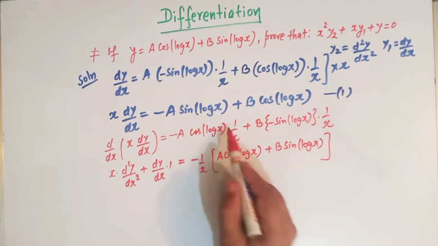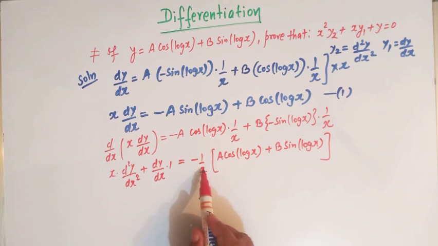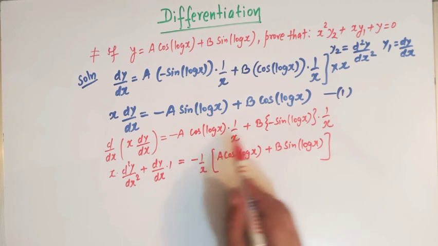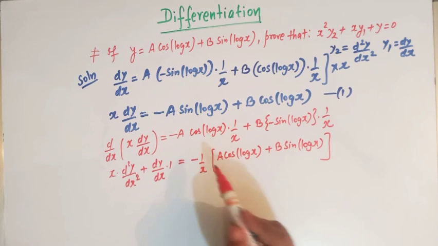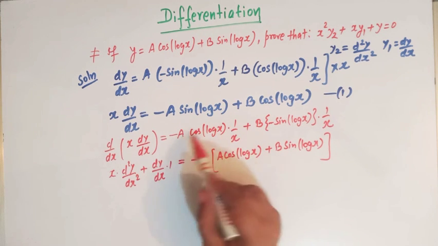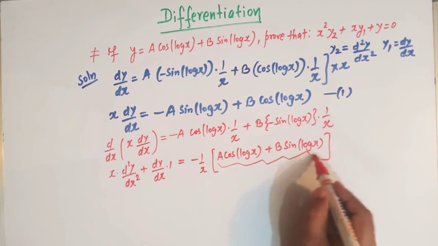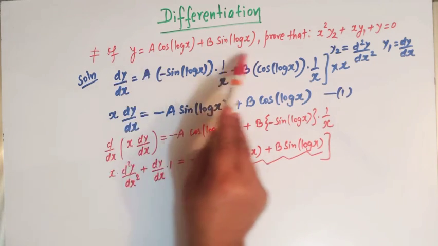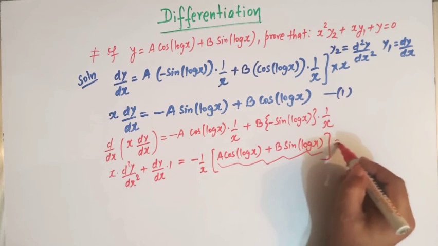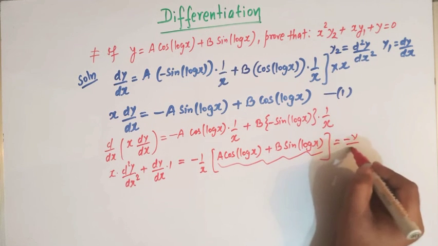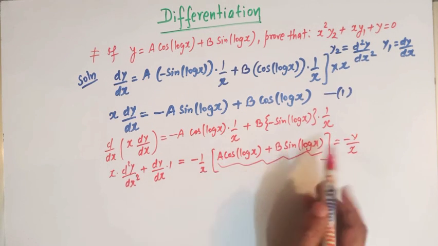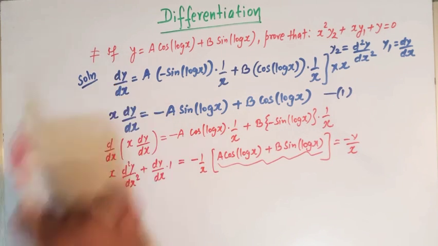Because 1 over x and 1 over x in both the expressions, here in this term also, in this term also, so we take it common, and here we have minus and here we have minus. Now see, this expression is equal to y, so we have here minus y over x, right? For this we have substituted y.